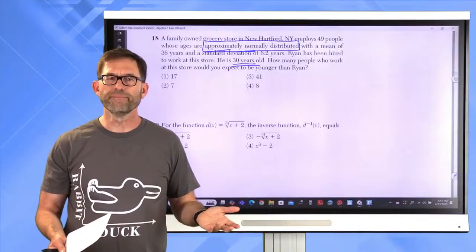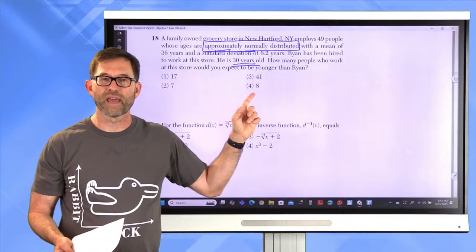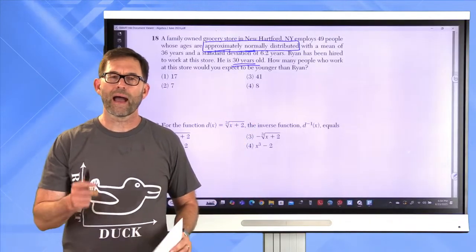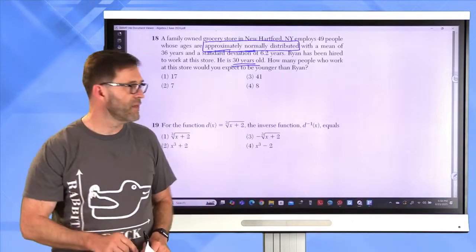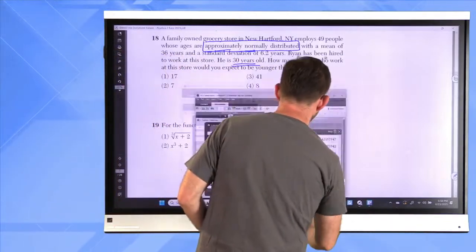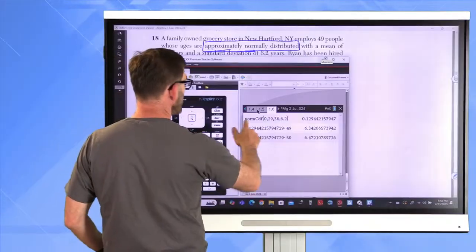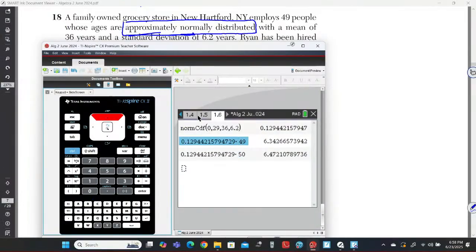Now, I looked it up, and the correct answer here is 8, all right? Now, how do you get 8? Well, the way that you get 8 is instead of doing this normal distribution, you go 0 to 30.